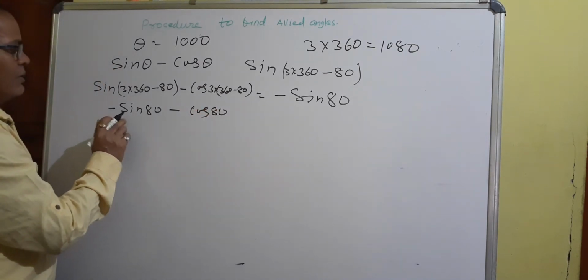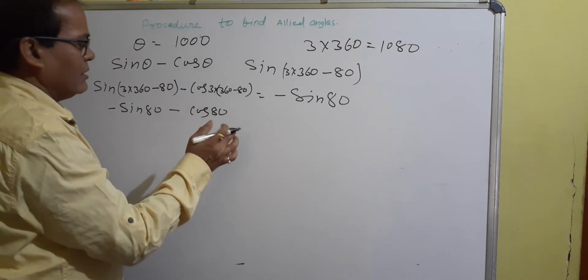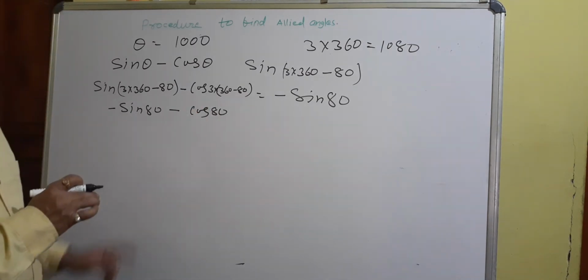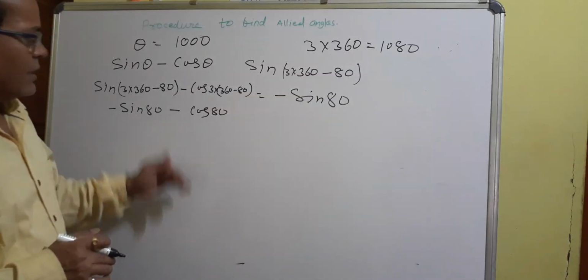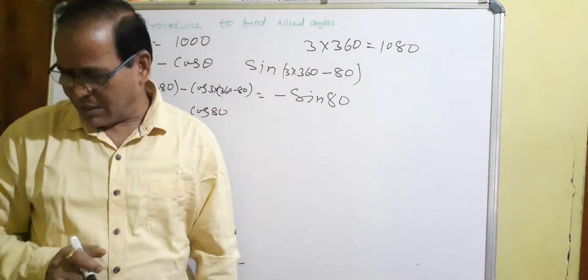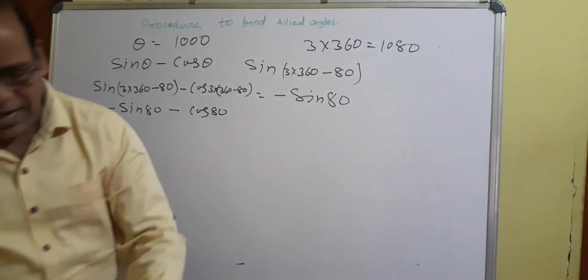From here, the values of sine 80 and cos 80 you can put from the calculator and get the solution. In this way we can find any large value, however many times it is.